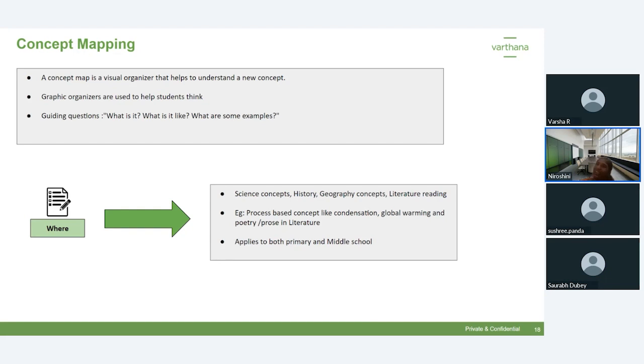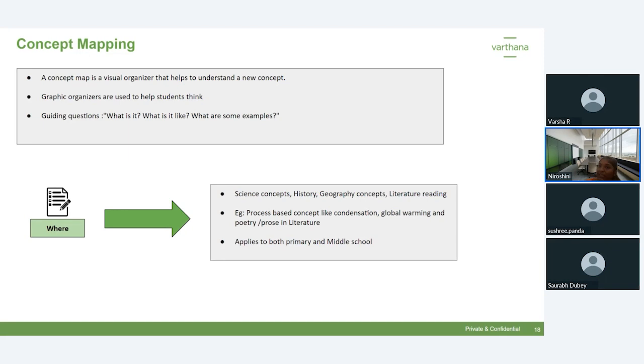So where can you use this kind of concept mapping? Especially for history, geography concepts, science concepts, and even literature reading. When we talk about history or geography, there is a lot of content that includes dates, a lot of categories, and detailed points and views to remember.